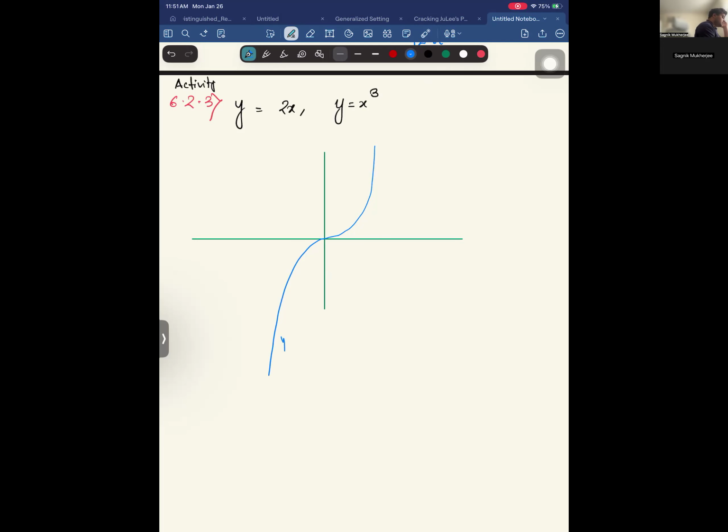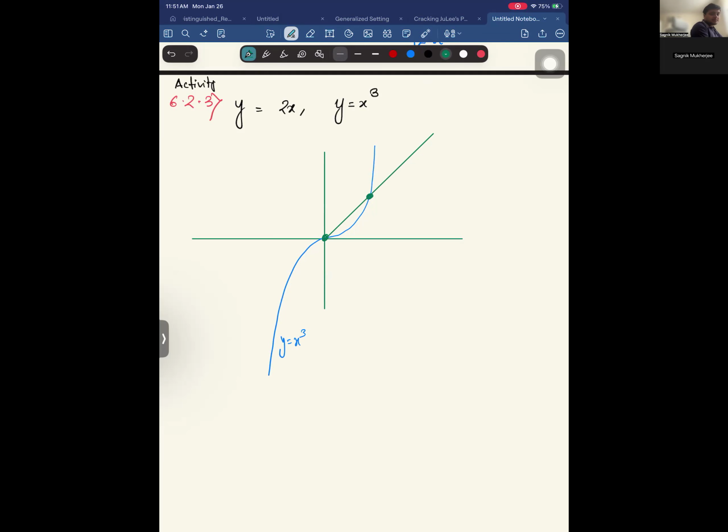This is what y equals x cube looks like, right? And what about 2x? 2x would look something like this. Let me use a separate color. So this is the point of intersection for these two functions, right?